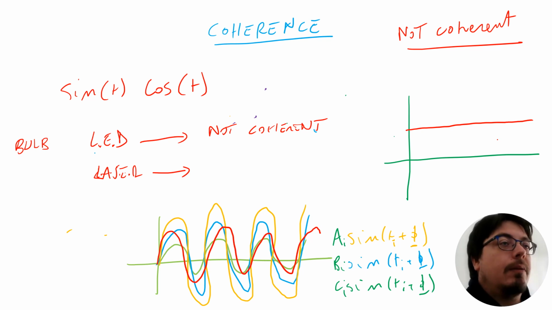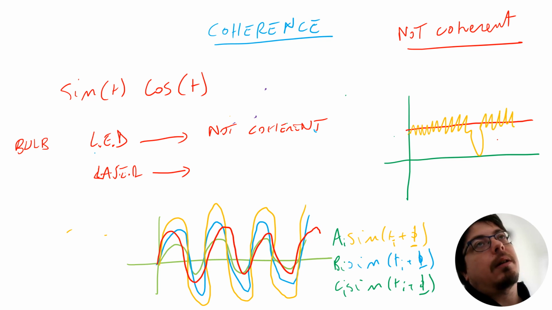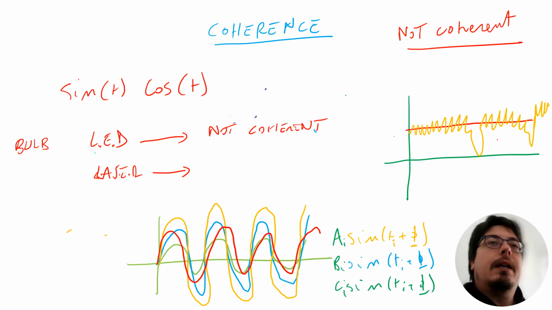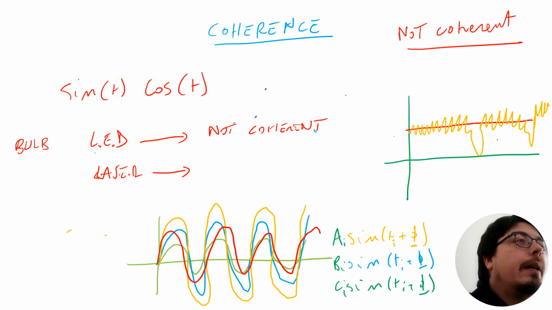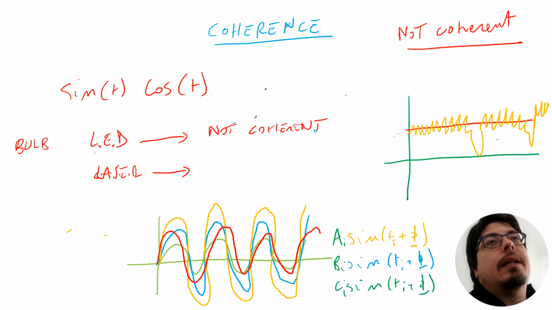Before it was a line with some fluctuation, because the intensities were different, and then you can get a mean out of it. While now, if you do the average of a sine squared, you will get a straight line. So the intensity is constant in time for the laser, which means it's coherent.